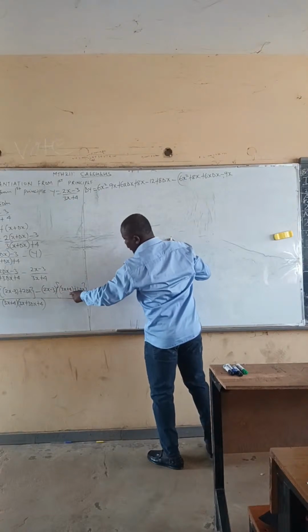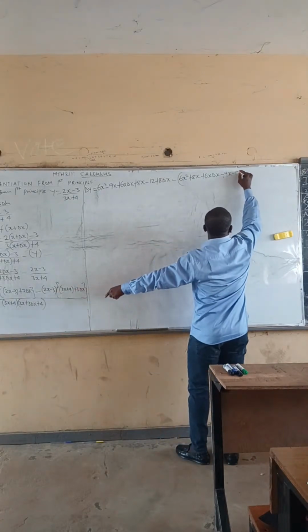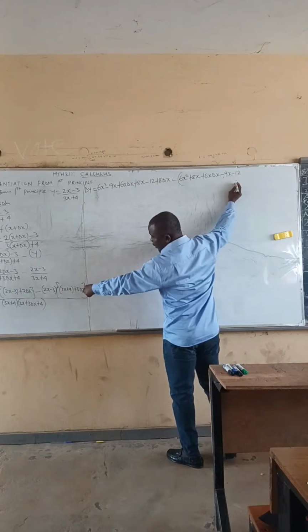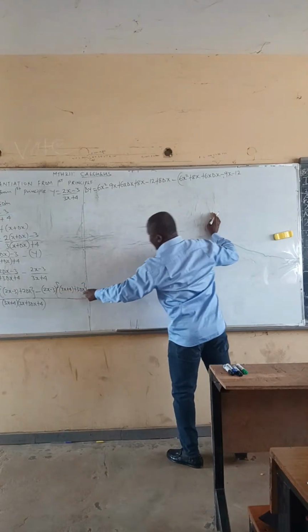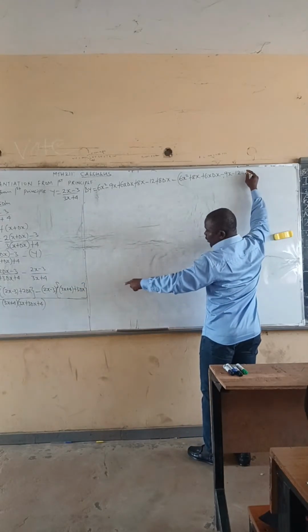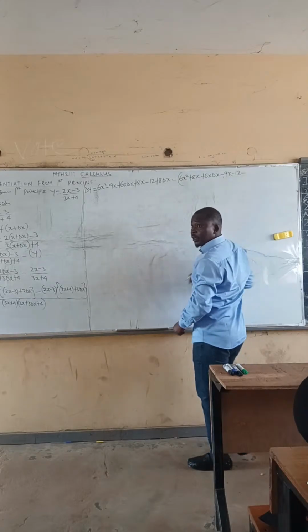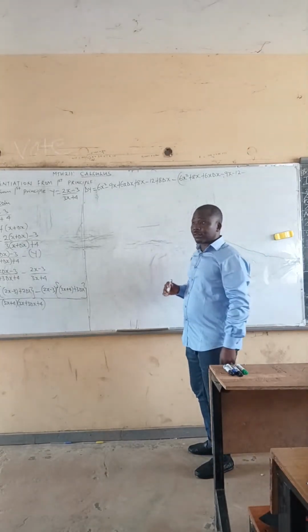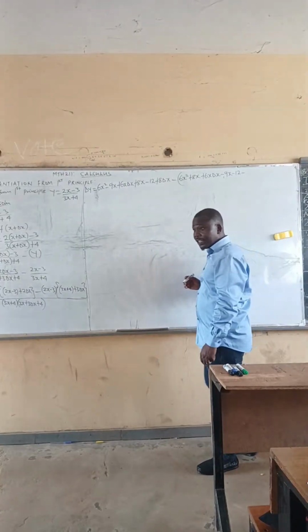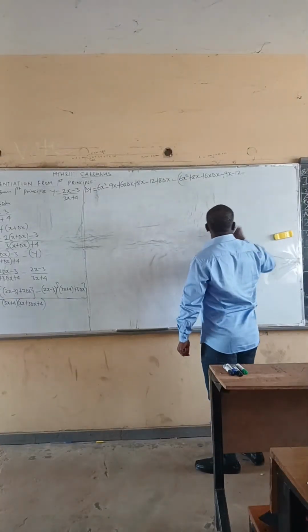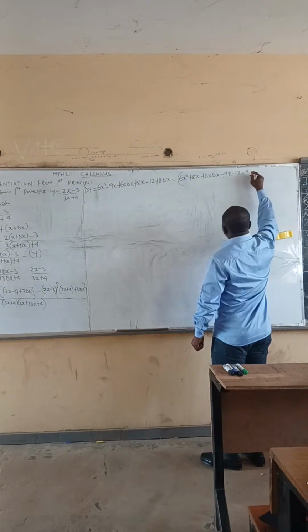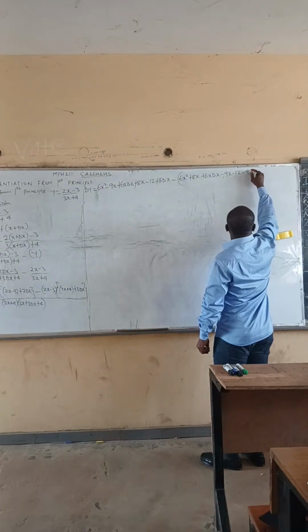Then use minus 3 to multiply minus 12. Then use minus 3 to multiply this, minus 3 times minus 6. Is that clear? Continue.